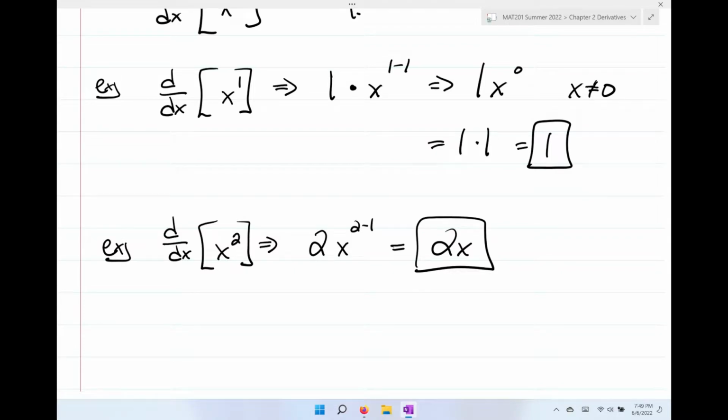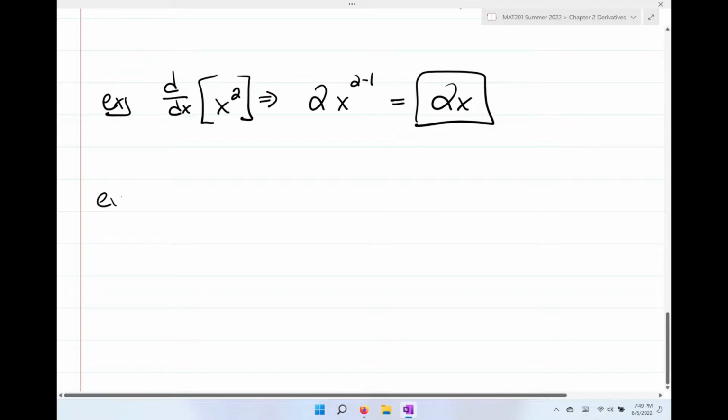So if we go back to that, well, you know what? Let's do a couple more of these. I don't want to go back to that problem yet. So let's do a couple more of these. If h of t equals t to the 1000, find h prime of t.